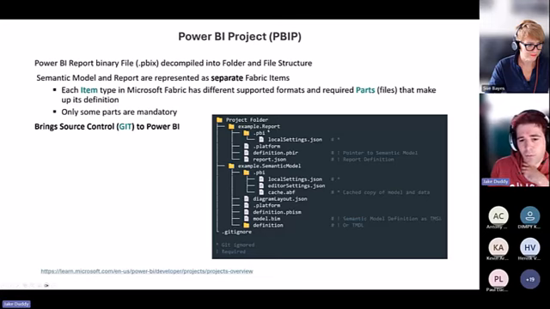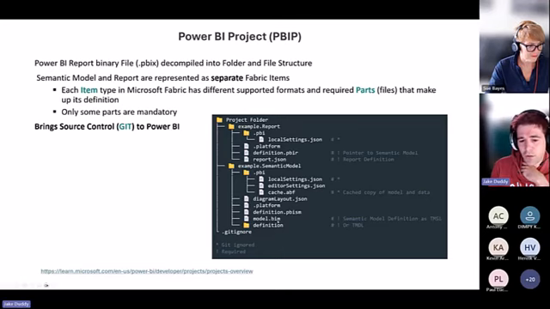The one thing to mention about PBIP is that for reports and semantic models, you can have two different flavors of each at the moment. For semantic models, you've got the model.bim file, which is the metadata for the semantic model. That defines TOM, your tabular object model, so all of your tables, partitions, measures, everything is there.